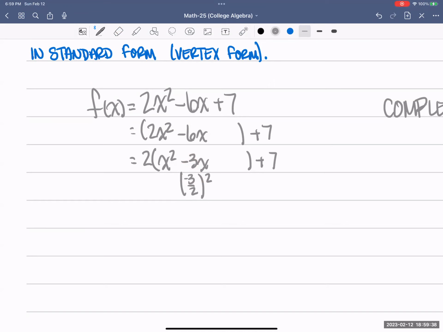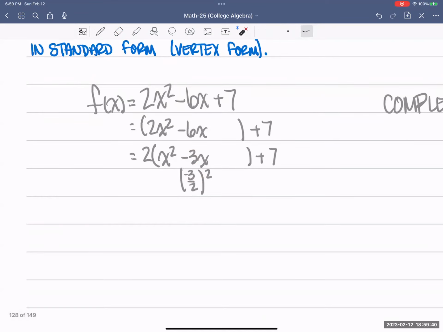That's what our b is. And we just simplify. Here, 3 is not divisible by 2, so we just square this. Negative 3 squared is 9, and 2 squared is 4. This is what I'm going to refer to as our magic number. Our magic number is going to go inside of these parentheses and also outside of these parentheses.